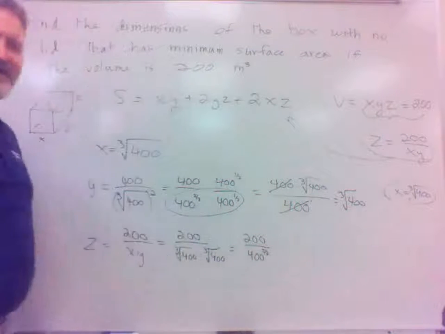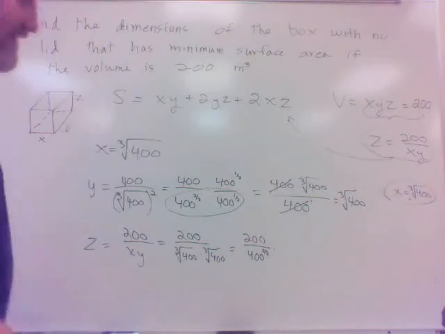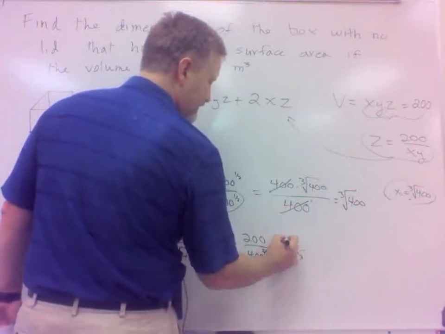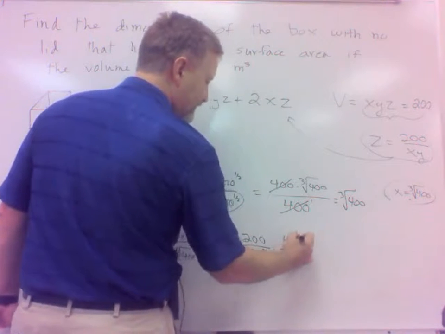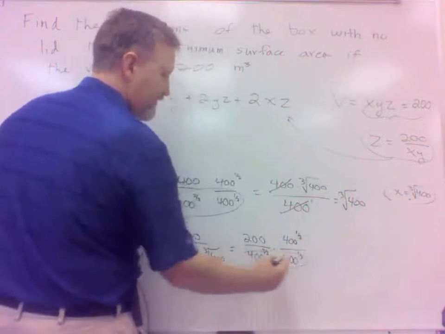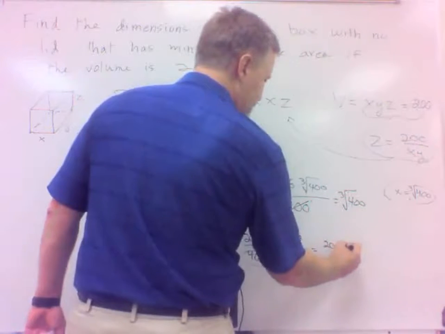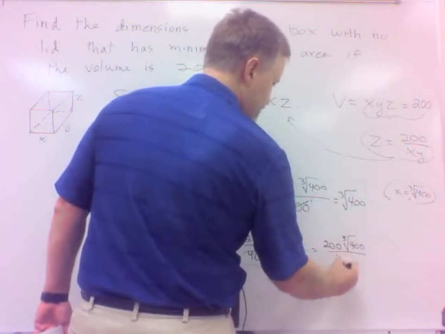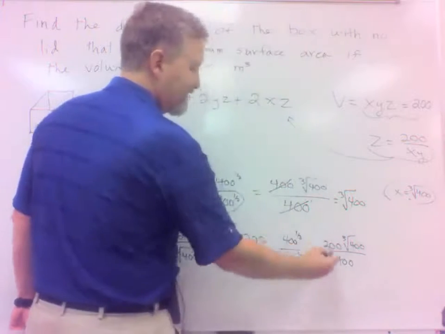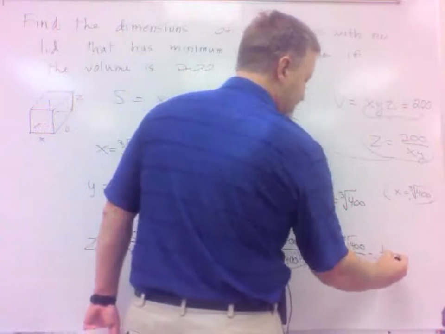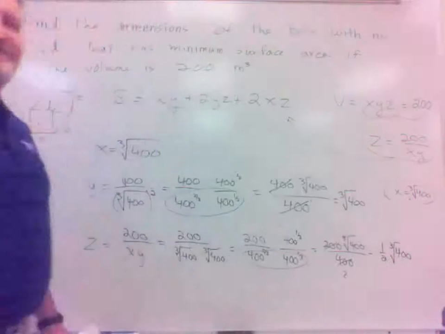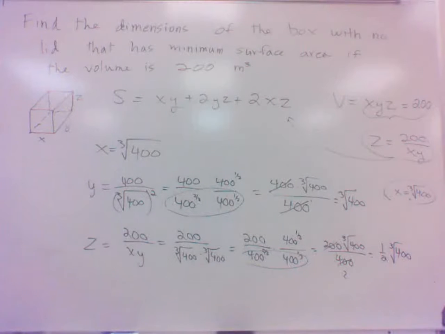Guess what we're going to do there? Multiply by the cube root of 400 again, 400 to the 1/3. So again, the denominator is just 400, so it's 200 times the cube root of 400 over 400. So that's a half. So the z comes out to be half of what x and y was.